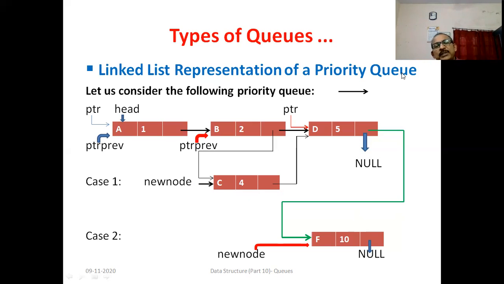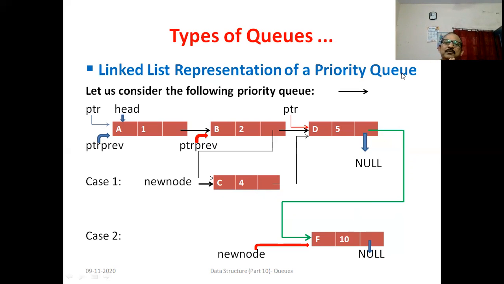We move PTR and PTR previous in the linked list until PTR becomes null, or if PTR priority is greater than the new node priority.